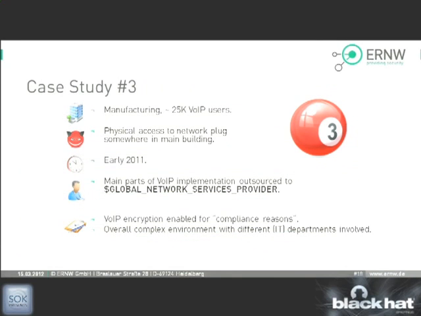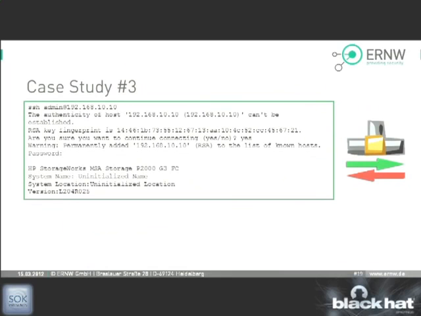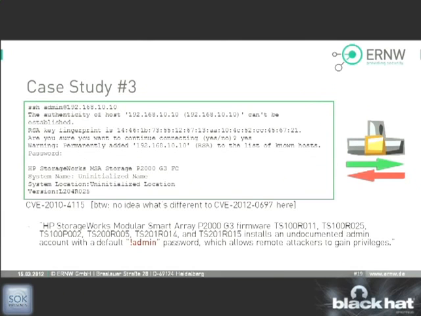Third thing, yet another environment. There we found stuff like this, which is obviously an SSH login into some storage device. That storage device has a well-known vulnerability of a default admin password. As you might figure, having admin access to some storage box in a voice over IP environment might expose quite some assets.